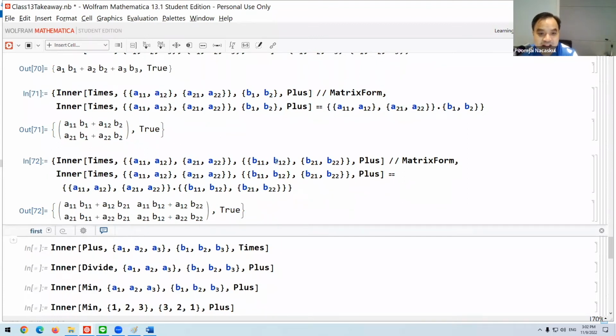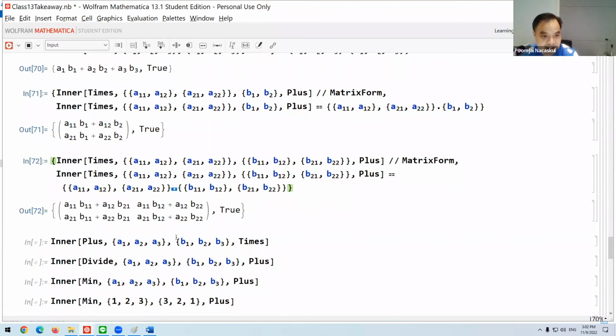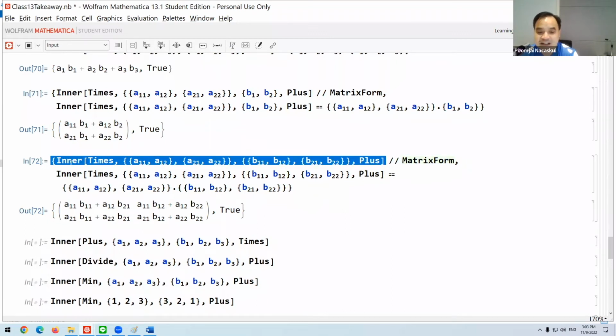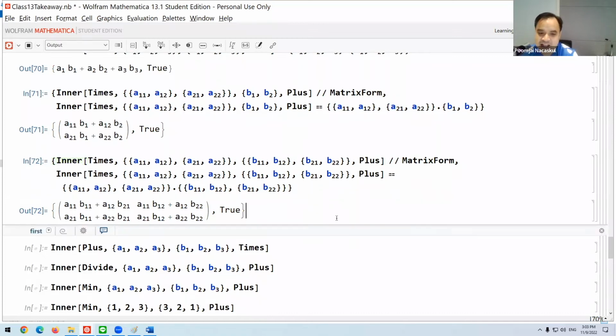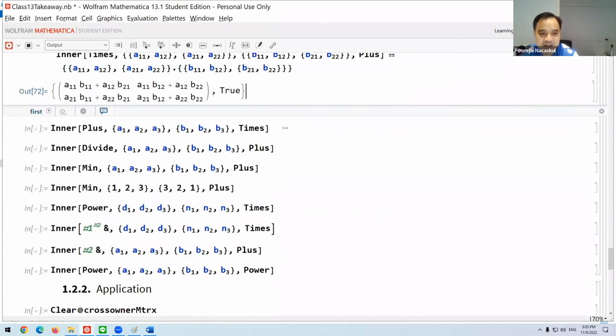The dot product here is essentially a specialized form of this. The specialization is that the first thing you do is multiply things together, and the second thing you do is add things together.